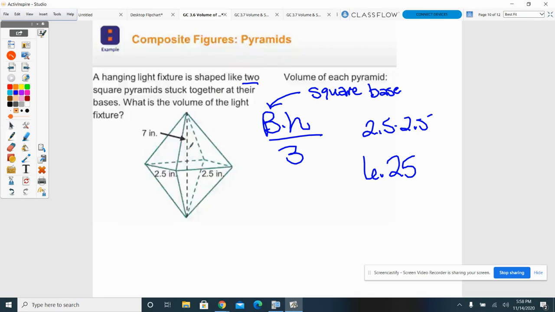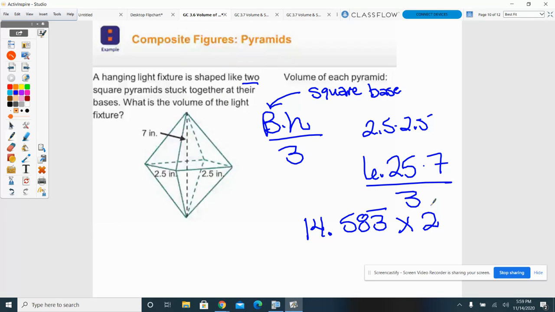Times the height of the pyramid is 7, and then we're going to divide it by 3. 6.25 times 7 divided by 3 is 14.583, repeating. But there's 2 of them. There's one on the top and one on the bottom. So take it times 2, and we're going to have to round, 29.1, let's say 7 inches cubed.